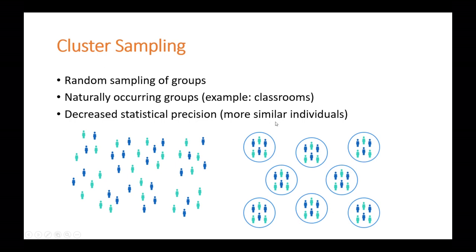And now that you have divided this particular population into different clusters, you further go ahead and do random sampling from these groups. So you randomly select, let's say, out of all these, 3 groups over here.